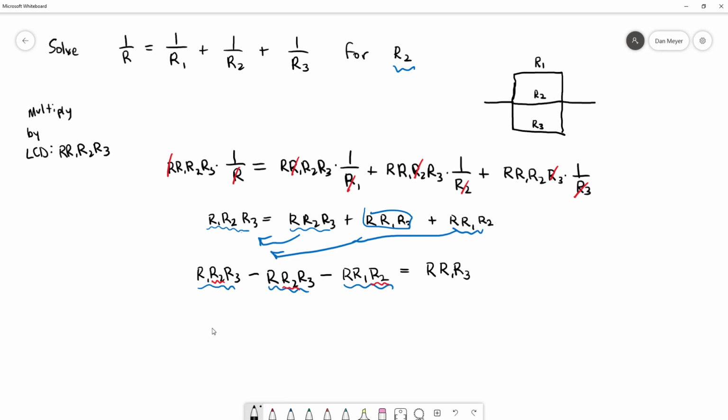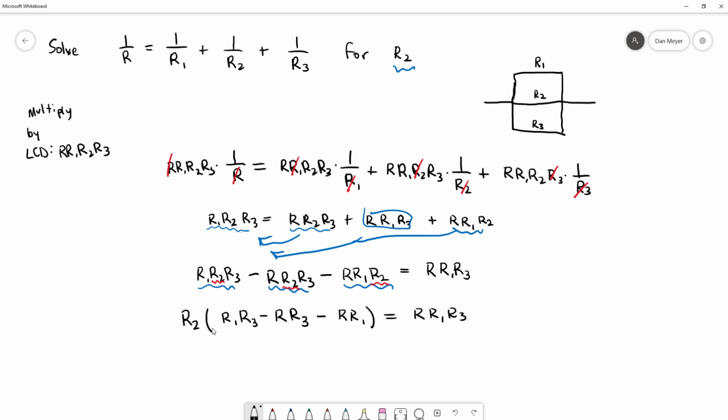And I can factor out that R2. So we have R2 times (R1 R3 minus R R3 minus R R1) is equal to R R1 R3.